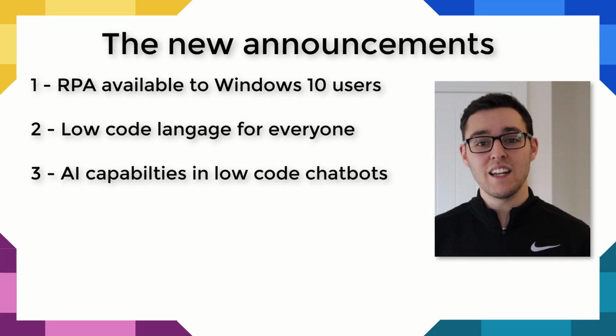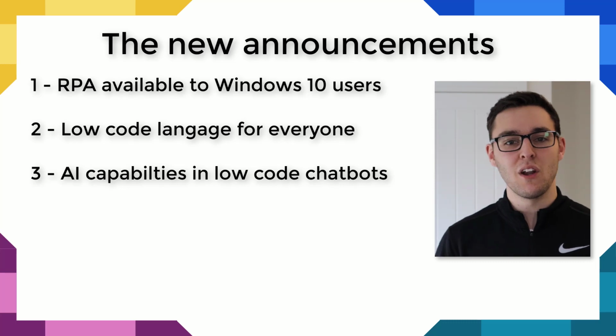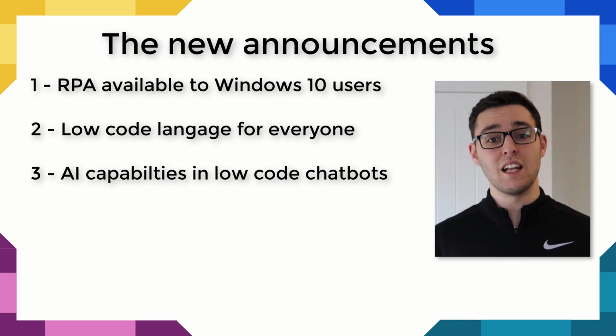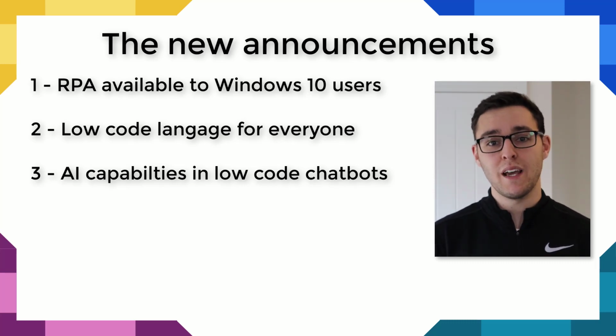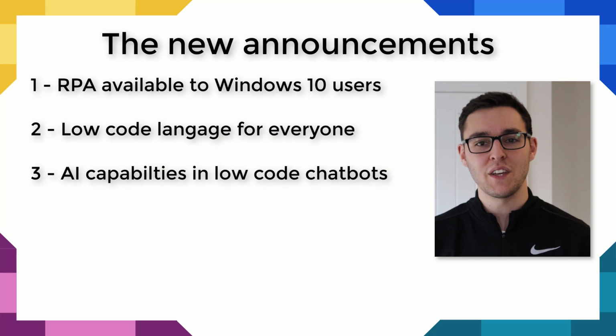The third one being the enhanced AI capabilities embedded in our low-code chatbots, meaning a more intelligent experience both for the person creating the chatbot but also for the end user as well, from topic overlap detection all the way down to a more personalized engagement.